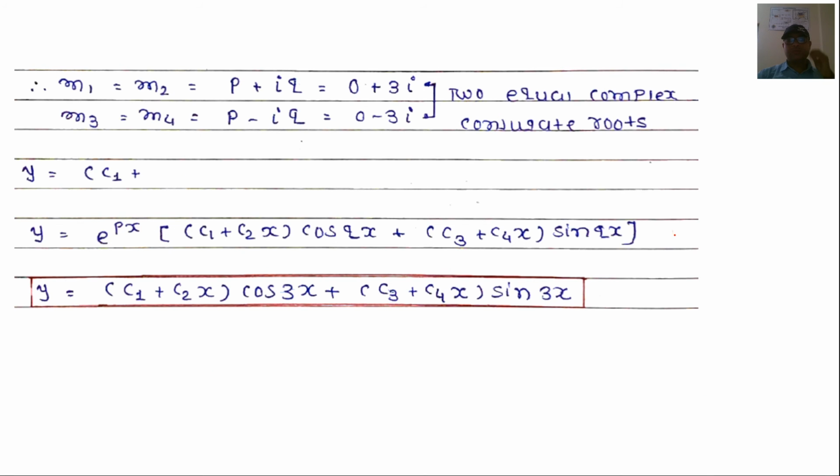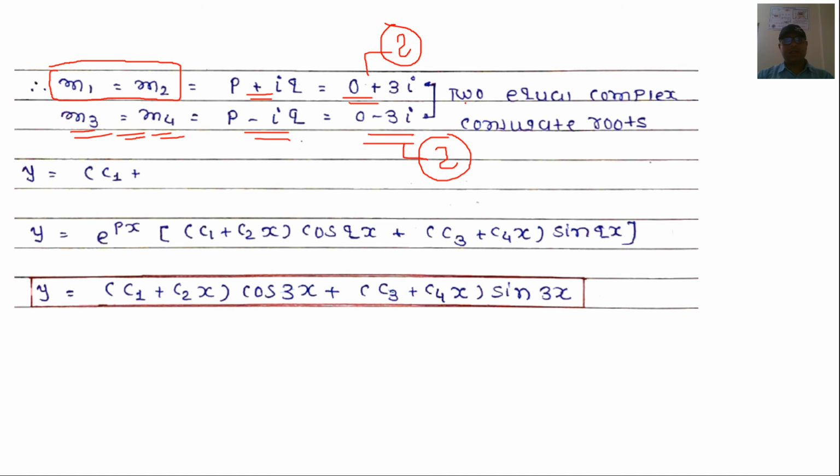So we have m1 is equal to m2 is equal to, suppose we have p plus iq, and here it is 0 plus 3i because it is 2 times. Then m3 is equal to m4 is equal to p minus iq, and it is 0 minus 3i, and it is also 2 times.